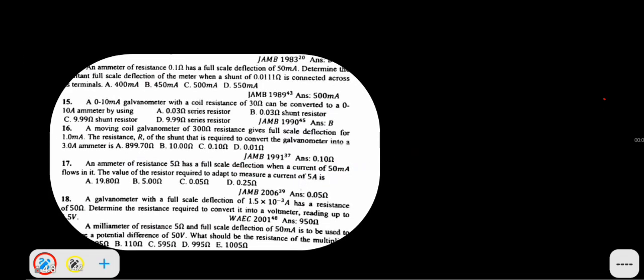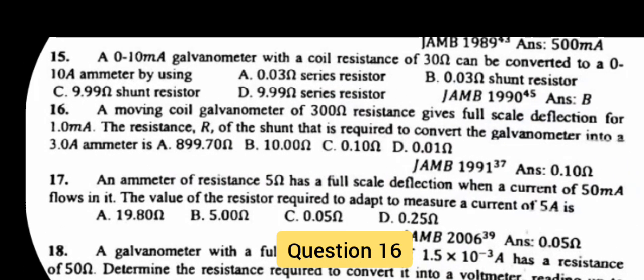So we are told that a moving coil galvanometer of 300 ohm resistance. So that means that's RG, right? So RG is 300. It gives a full scale deflection for 1.0 milliampere. That's IG, 1.0 milliamperes.